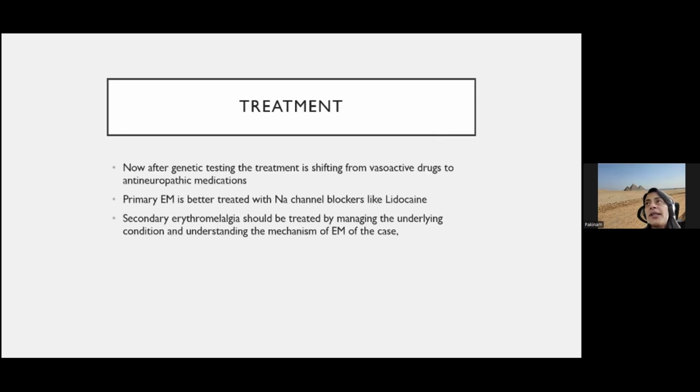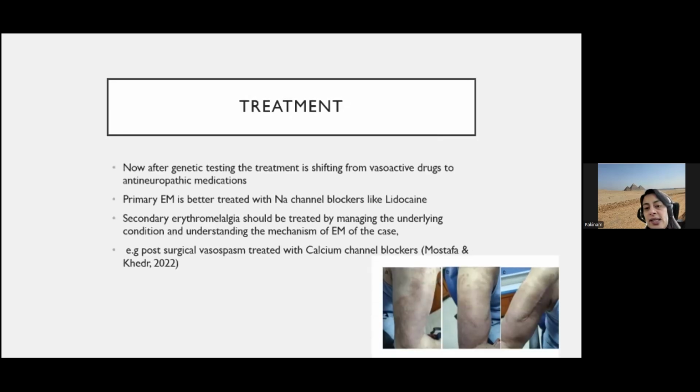So, treating erythromelalgia after genetic testing has shifted from vasoactive drugs to anti-neuropathic medications. The primary erythromelalgia is better treated with sodium channel blockers like lidocaine. The secondary erythromelalgia can be treated by managing the underlying cause and understanding the mechanism, if it's more towards the neural or if it's more towards the vasoactive or vascular component. For example, our patient's case was published as a clinical letter in the German Journal of Dermatology.